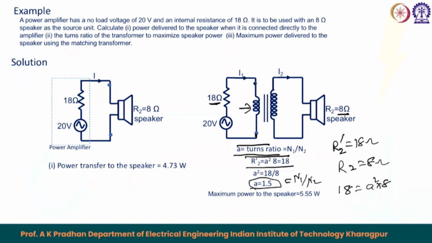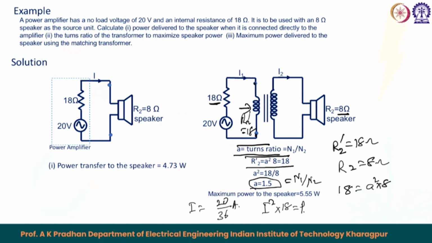So, if we connect the transformer with turns ratio N 1 by N 2 equal to 1.5, then the maximum power goes to the speaker. The R 2 dash will be seen as 18 ohm. So, the current in the second case becomes I equals 20 divided by 36 ampere, and I square into 18 will be the power transfer in the second case.